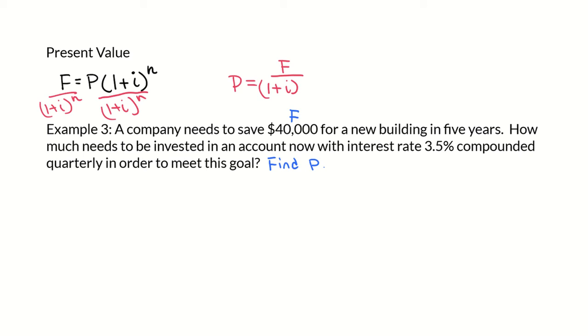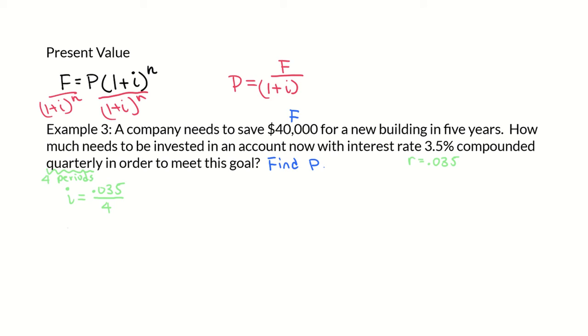Okay, let's start by finding I, which is equal to the interest rate, which is 0.035, divided by the number of compounding periods in a year. Since that's quarterly, the number of periods is 4. So I is 0.035 over 4.